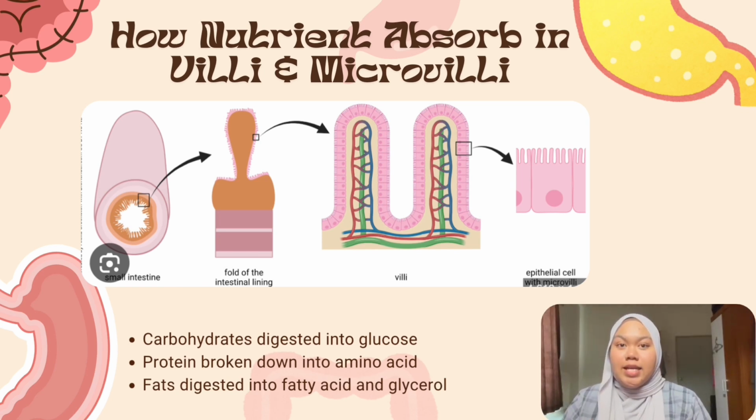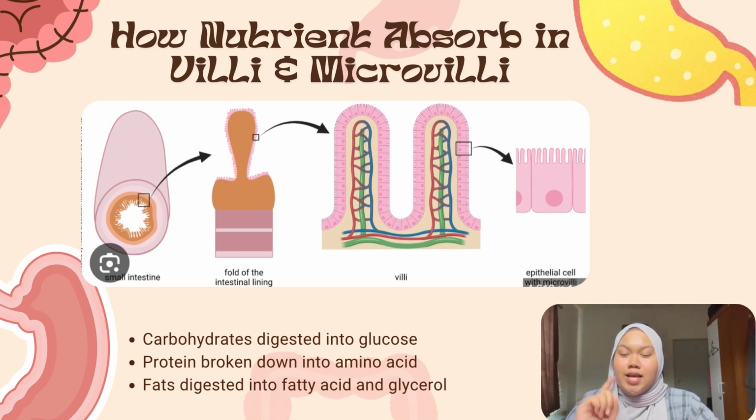The small intestine has many tiny finger-like structures we call villi. Each villus is covered with a smaller structure we call microvilli. This structure increases the surface area, allowing nutrients to be absorbed more efficiently.